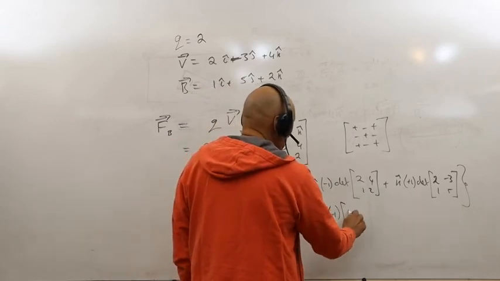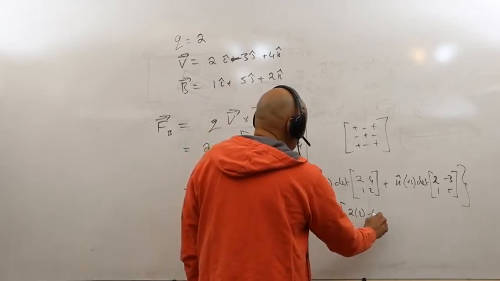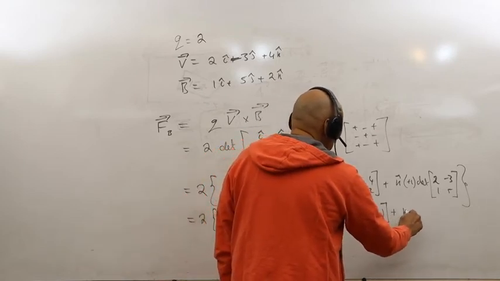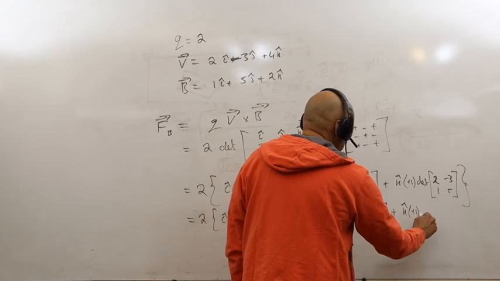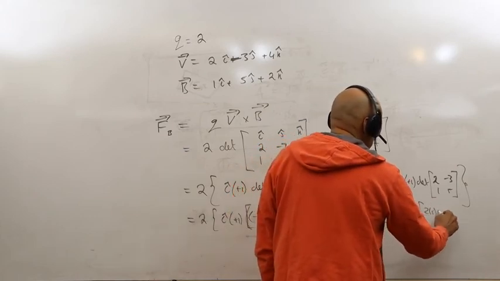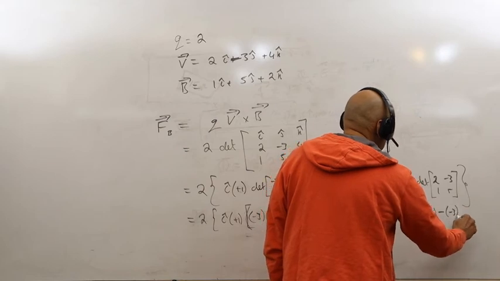This is 2 times 2 minus 4 times 1, plus, here's our k, it's a plus 1, times 2 times 5 minus negative 3 times 1.